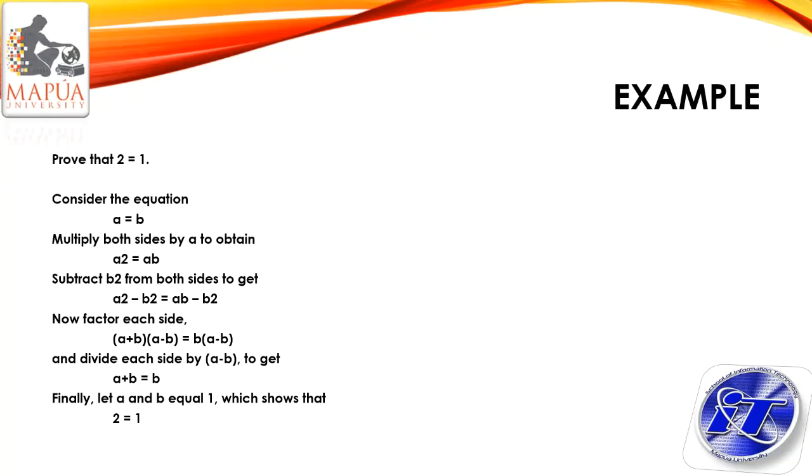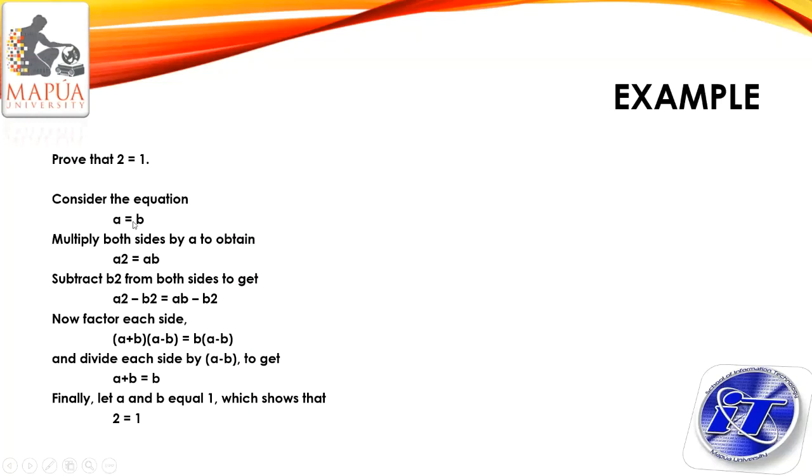Is there an incorrect analysis in this proof? Which line? For this problem, definitely this is a fallacy. There is a line which is incorrect, which is this part, wherein we divide a minus b on both sides. Why?